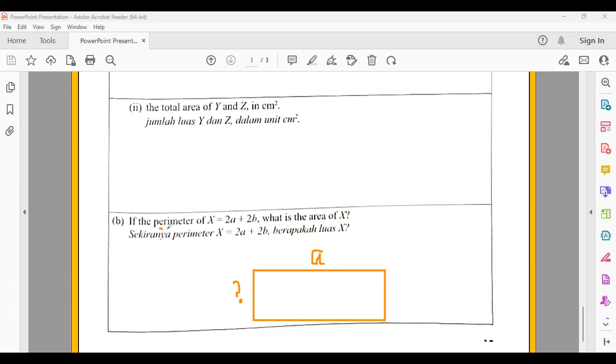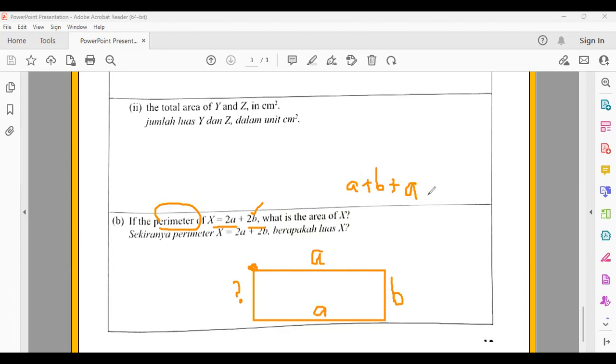However, they are telling me that the perimeter is 2A plus 2B. Now, how do I get a perimeter? Perimeter must be going around. So from here, I start A plus, I do not know this side, so I put here maybe B because they have given me B. So plus B. And for the perimeter, I must add back the A at the bottom.